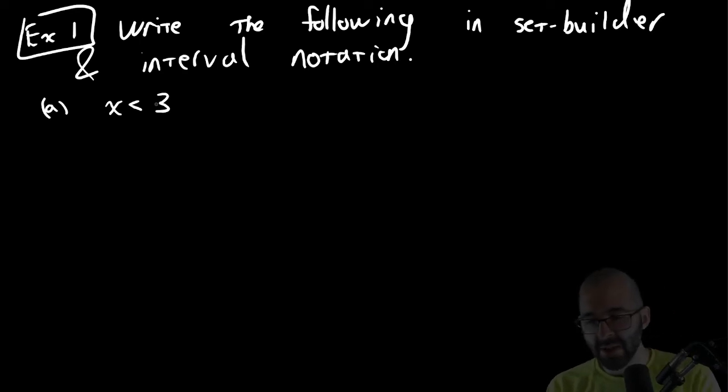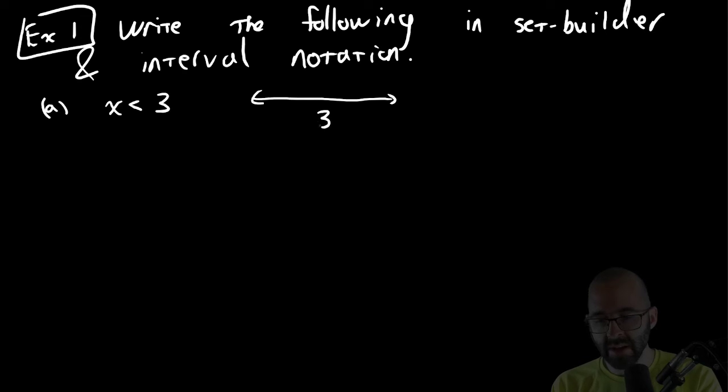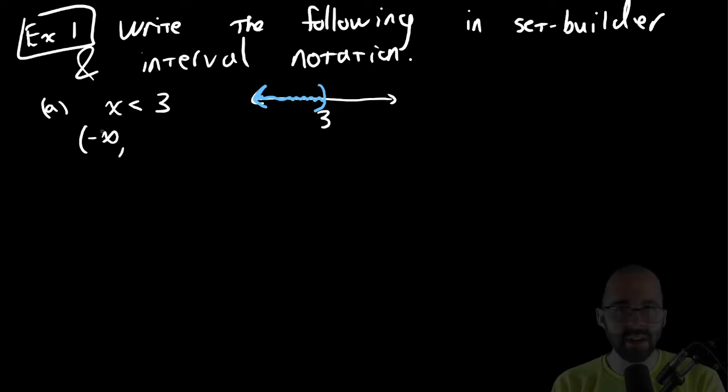All right. So if we wanted to write this on the number line, it's all the points that are less than 3. The 3 is not included. We'll use a parenthesis or an open circle. This is what it looks like. So in interval notation, what's the smallest we can be? Negative infinity. Infinity always has a parenthesis. What's the biggest we can be? 3. 3 is not included, so we use parentheses.